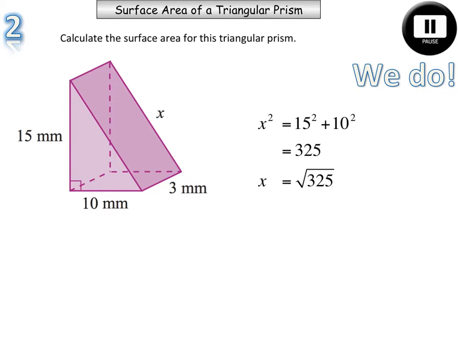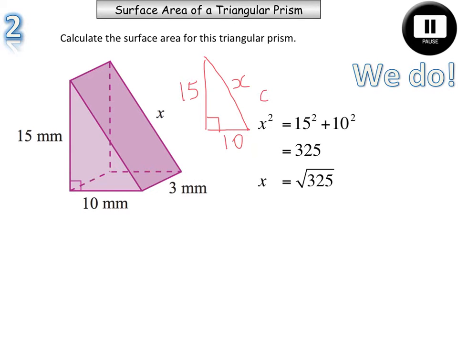Alright, this first piece of working out is working out the value of x. The value of x is given by a particular theorem that you studied last year, and that theorem, called Pythagoras' theorem, helps us work out side lengths in a right angle triangle. So the base in this one is 10 millimeters, that is 15 millimeters, and we've called that one x.